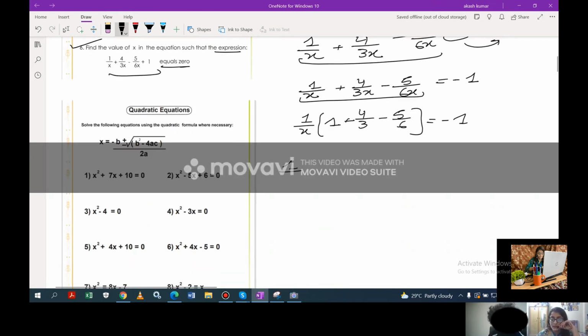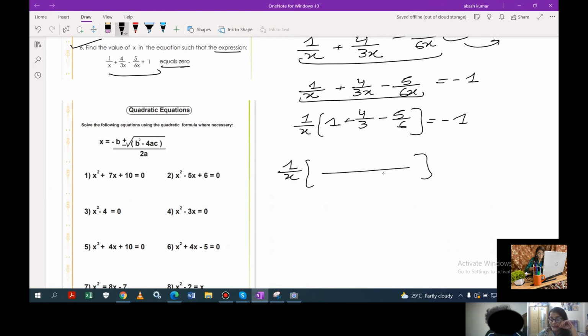So 1 over x, taking the LCM, what will be the LCM of 3 and 6? It will be 6, right? Can you repeat that?